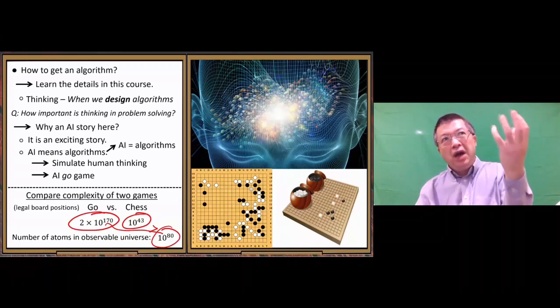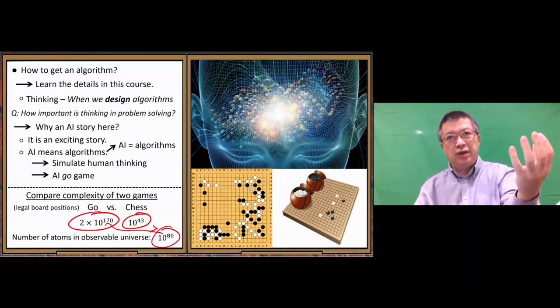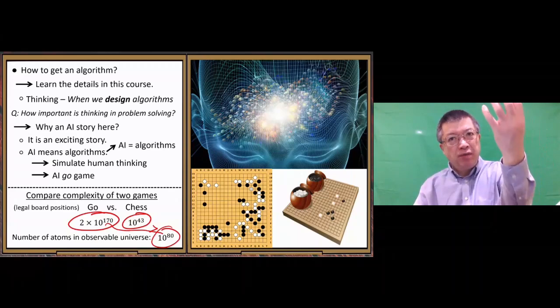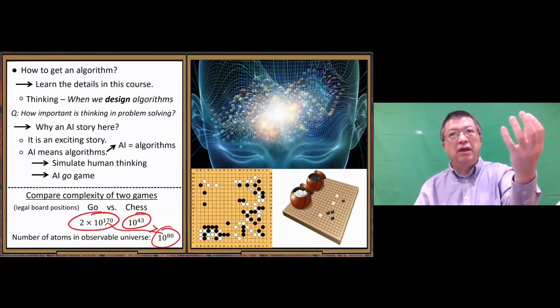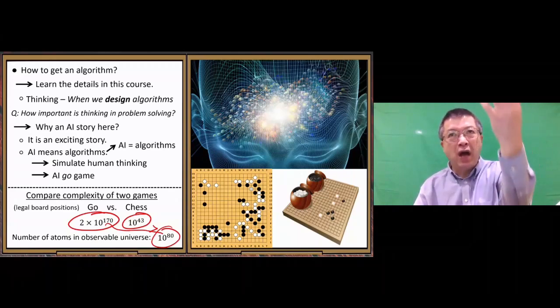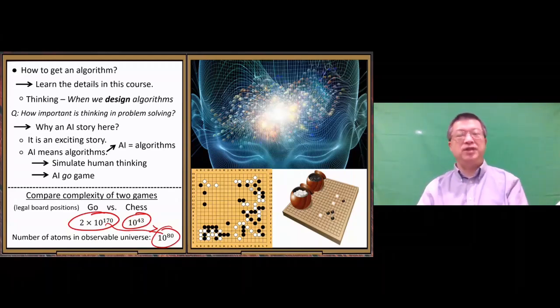AI, that means the algorithm. So the designers of the AI program can build algorithms that handle that huge number of legal positions. So let's look at the result. Okay?